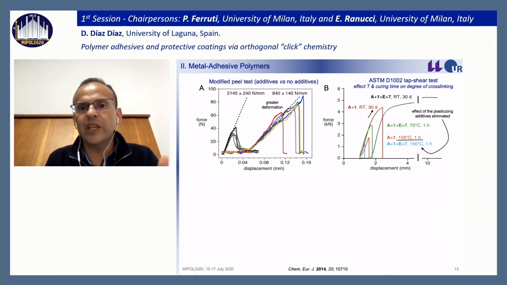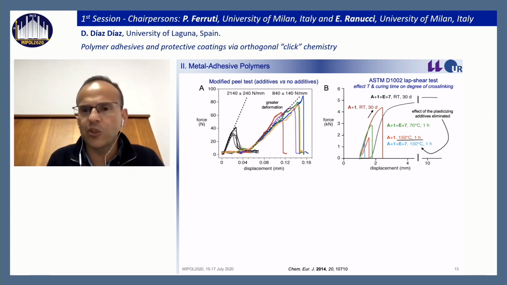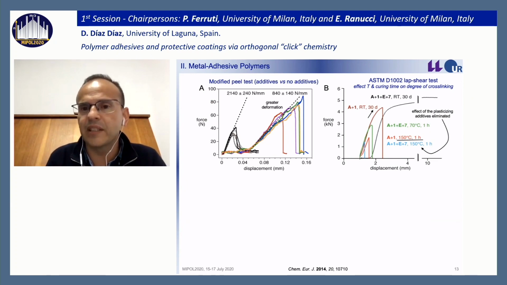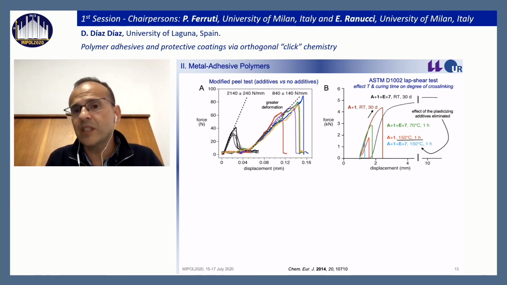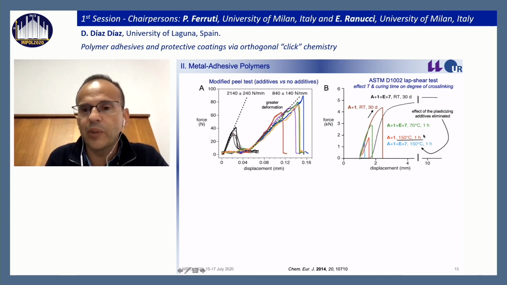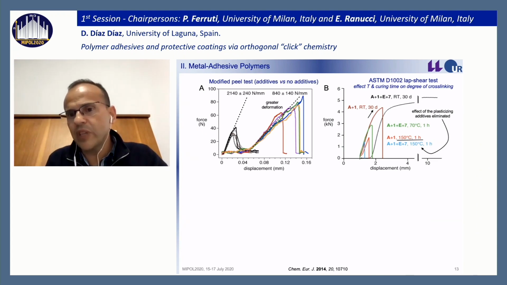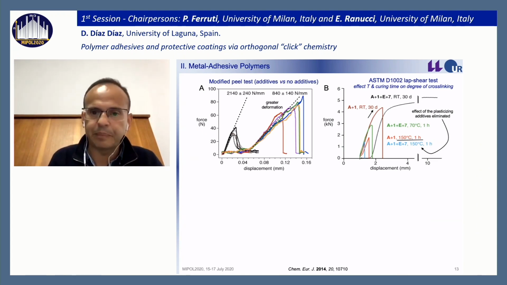So if we increase the temperature, then the polymerization is faster, then the time for getting the final adhesion is lower. But if we increase too much, then we also dilute the effect of the cross-linking of the triazole, sorry, and then it's bad. So we found that 70 degrees maximum is the optimal temperature to cure this adhesive, but we can also do room temperature if we need it, but we need longer time.